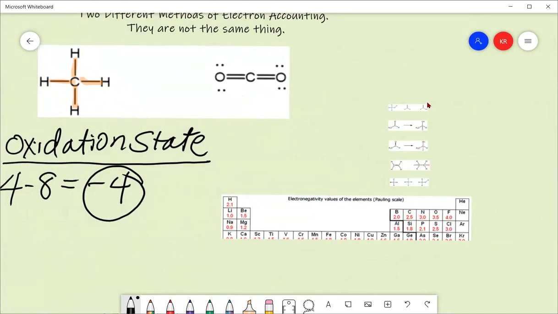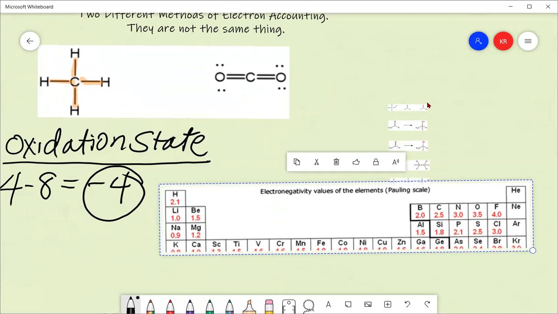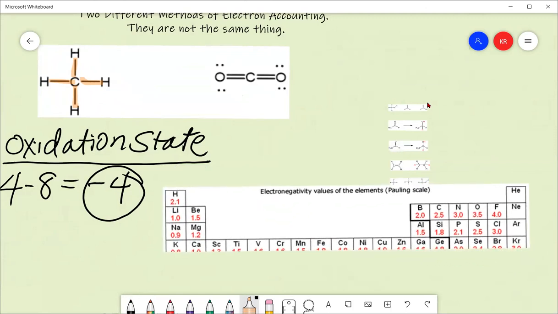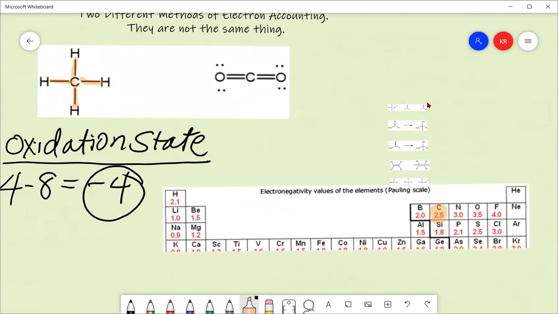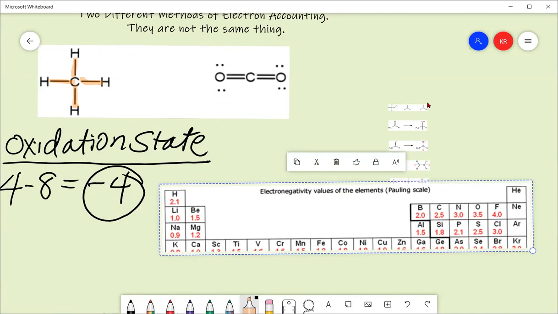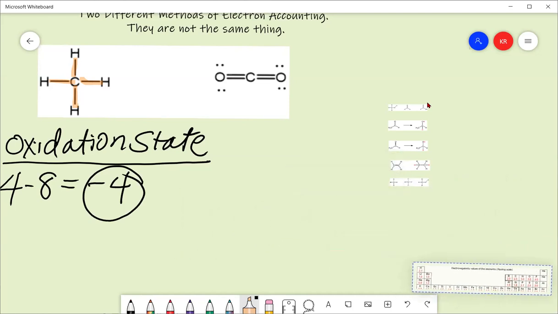If I do the same thing for CO2, I'm going to have a look at the relative electronegativities. Carbon here is 2.5, but oxygen is 3.5. So for any bonds between a carbon and an oxygen, I am going to assign those electrons to the oxygen. Let me make this smaller and move this out of the way.